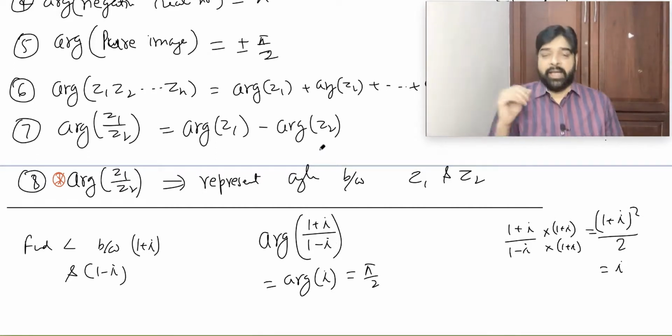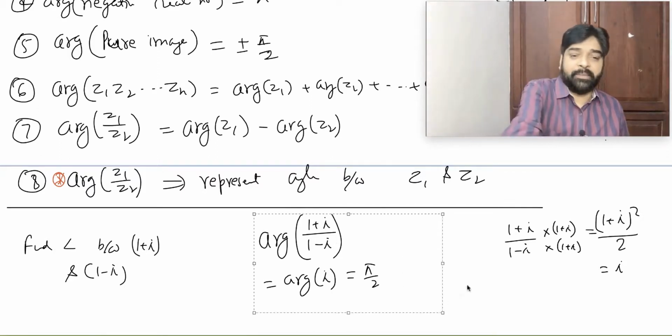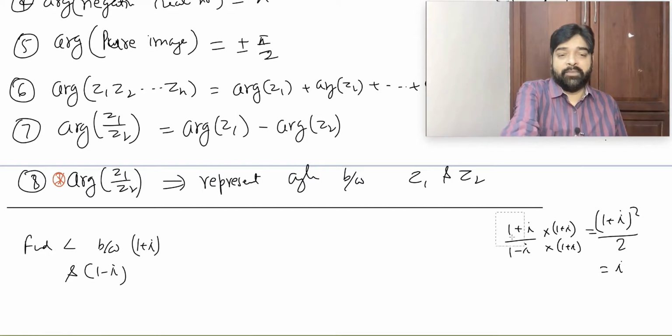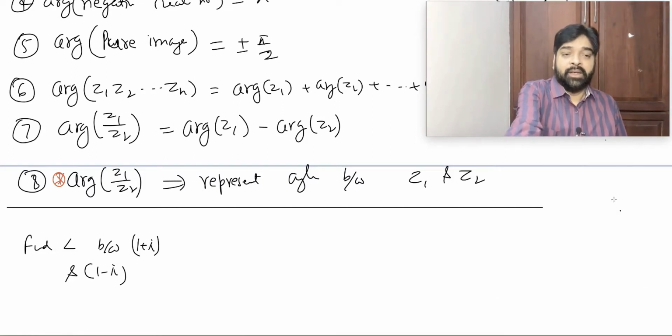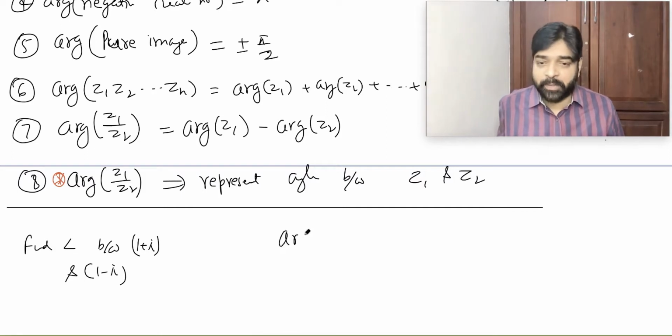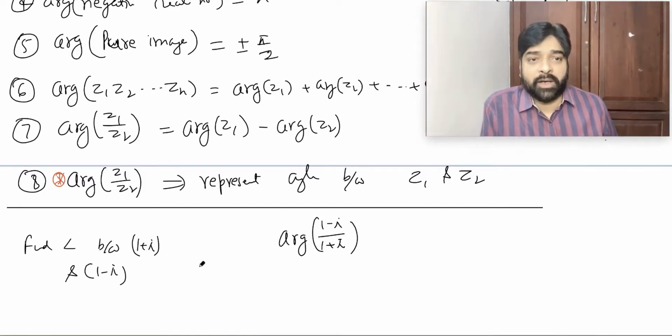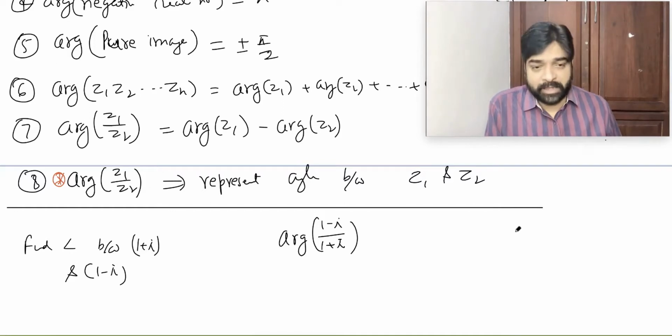Suppose you say, sir, you asked me the angle between 1 plus i and 1 minus i. Why are you doing 1 plus i by 1 minus i? Can we do it this way also? Yes. I didn't say which is the first complex number and which is the second. So 1 minus i by 1 plus i, suppose I do.